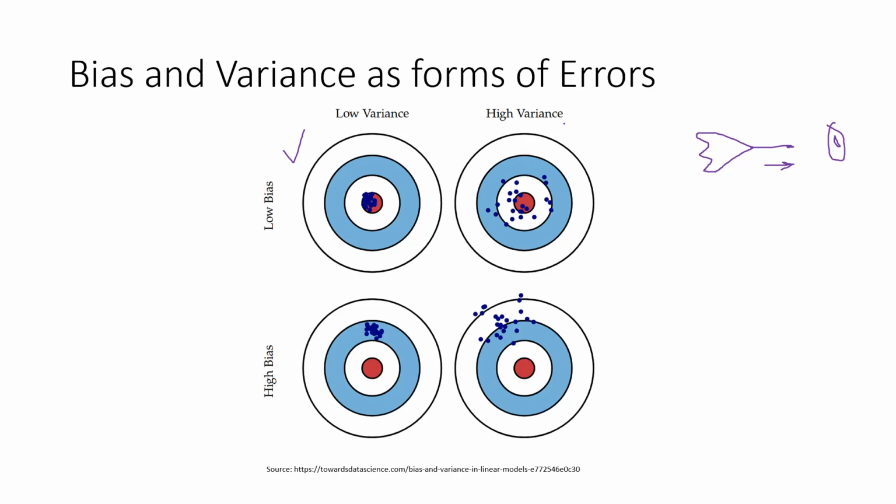That means your model may be very good on the training data set, but when you introduce new data for predictions, there can be a lot of differences, a lot of variance around the expected value. So this is the expected outcome, but there is a huge variance around it.